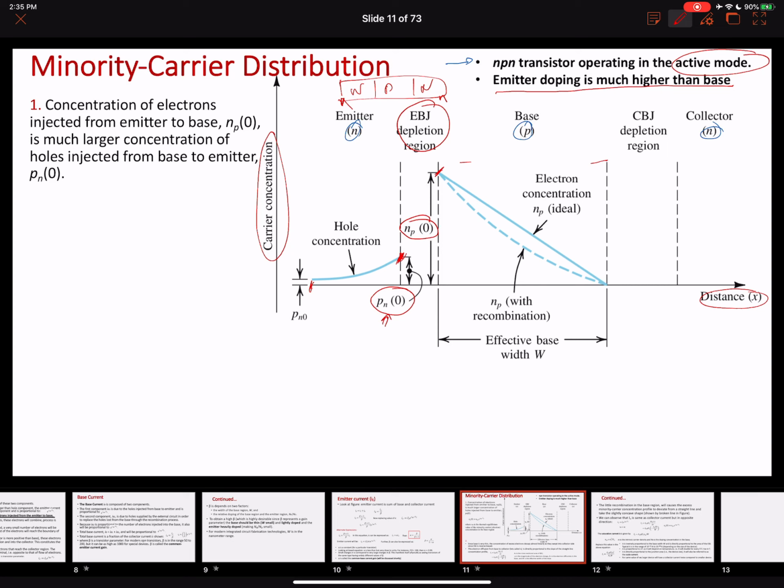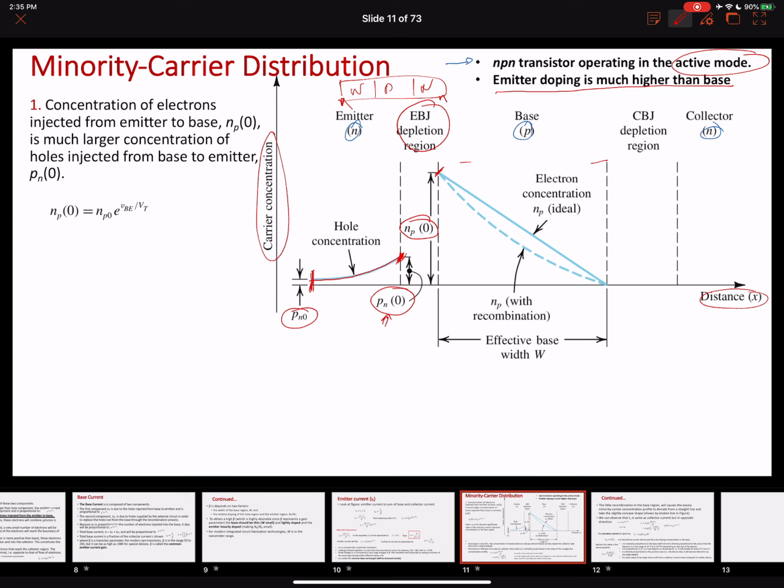Now we will see what will happen in the emitter region. The concentration of the holes will decrease as they combine with the electrons, so it is going to follow this profile. Right at the start of the emitter region, the concentration of the holes will come out to be p_n0.